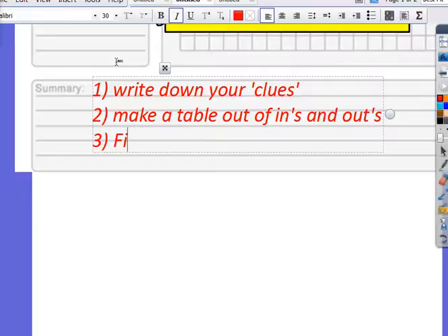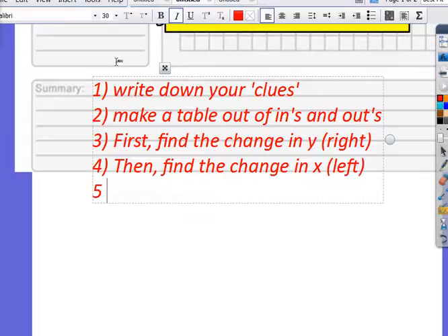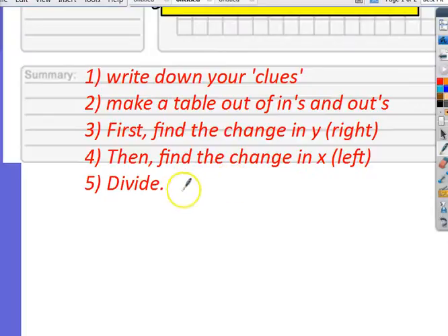To find the slope, first, that's the right-hand side. Then, that's the left-hand side. So I'm going to divide, and what I'm dividing is the change in y divided by the change in x, and that's going to be the slope.